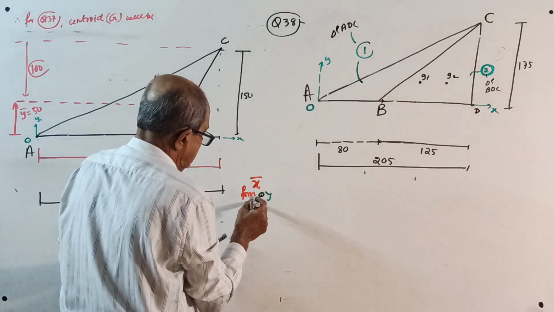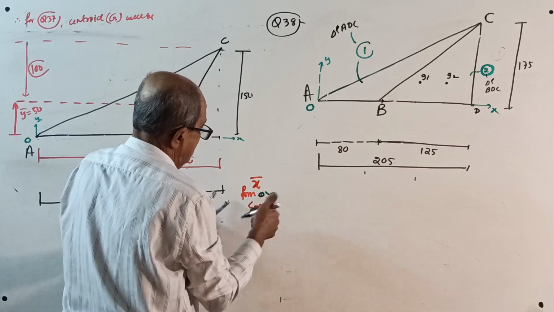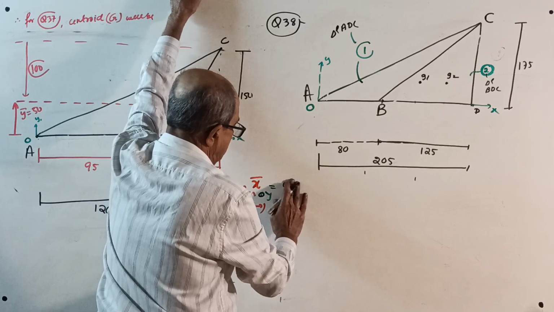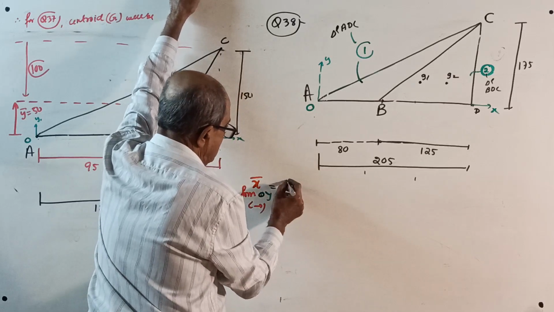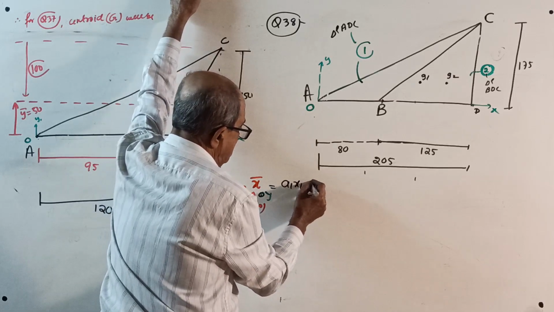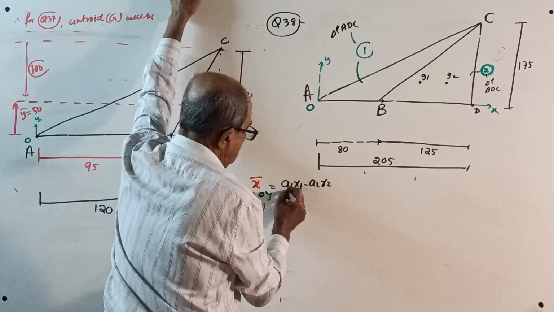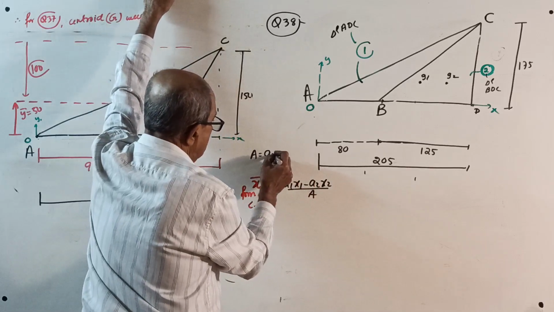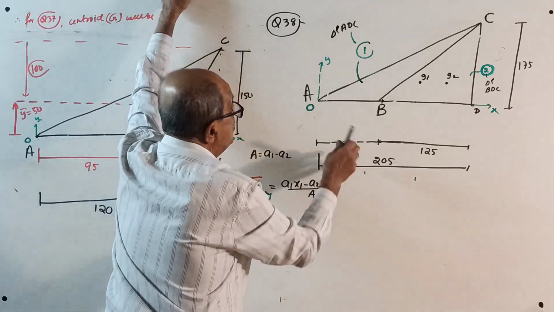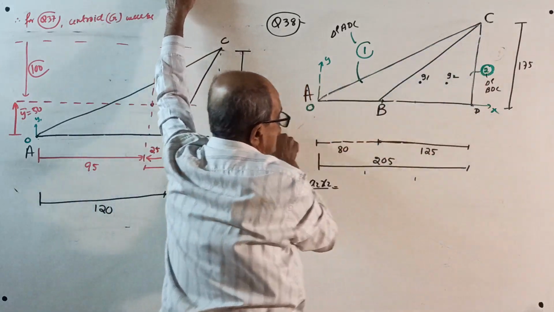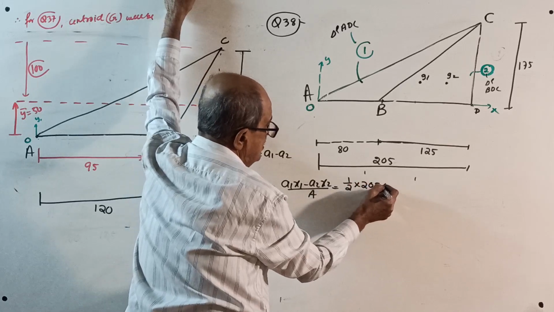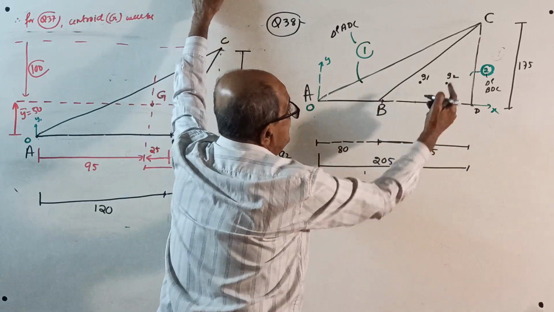It is A1 X1 minus A2 X2 divided by total area, and total area equals A1 minus A2, which equals A1 half into 205 into height 175.